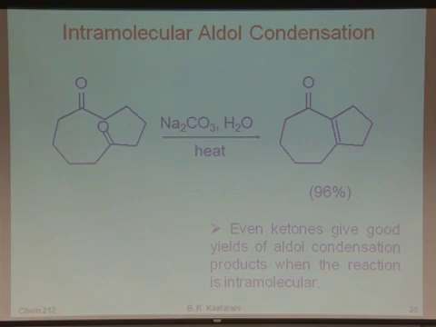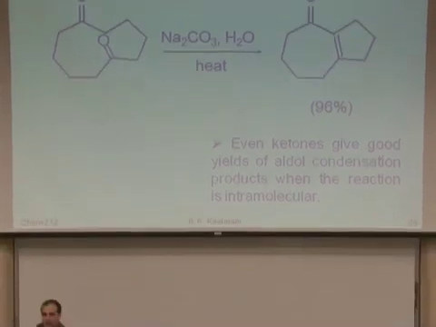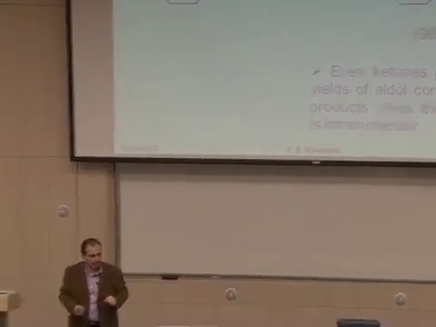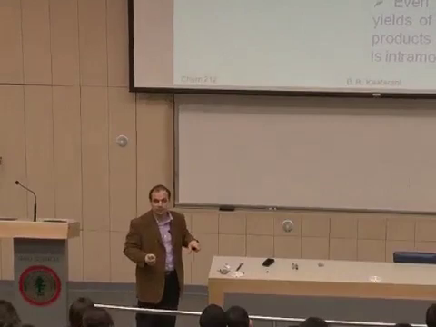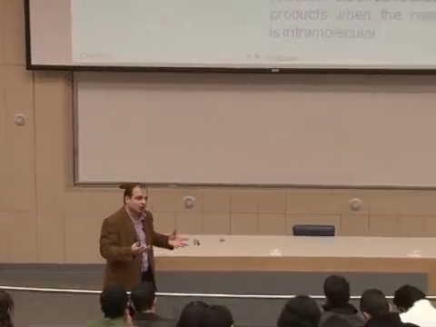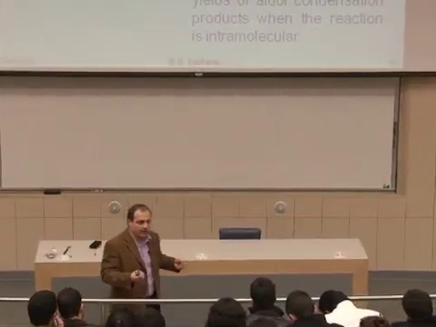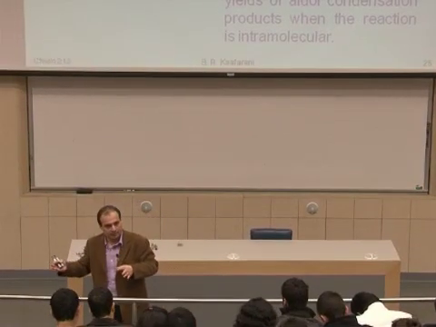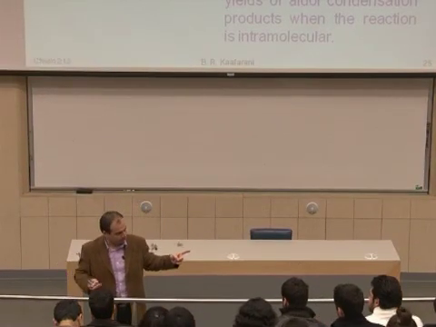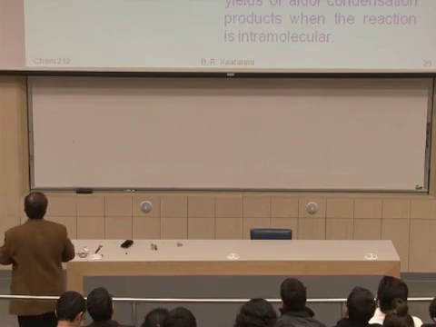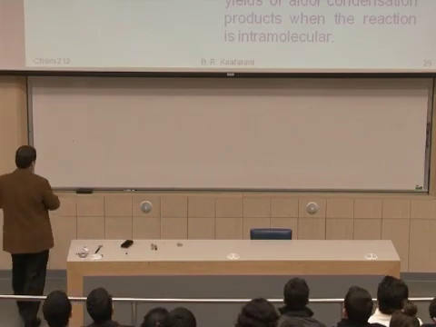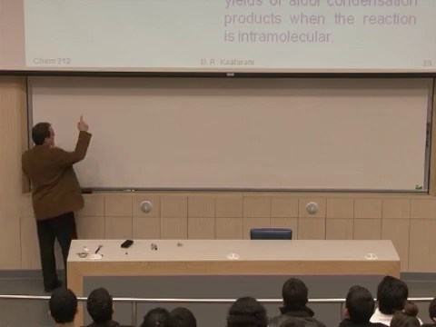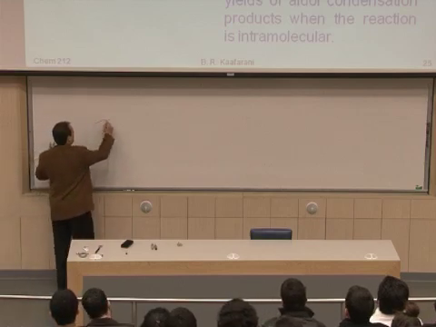Such intramolecular aldol condensation is favored when you are having a 5-member ring or a 6-member ring. In fact, if you have the choice to form a 6-member ring versus a 4-member ring, you should go for the 6-member ring. So this is an example. Let me actually make another example.